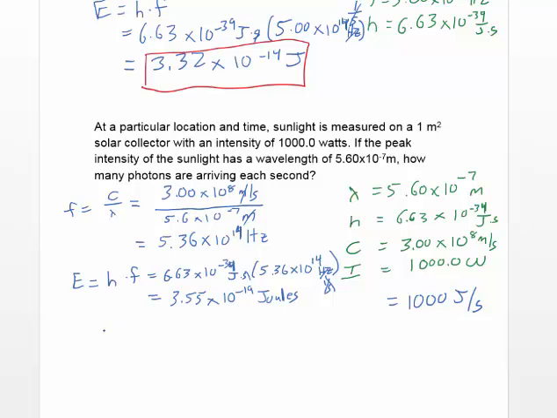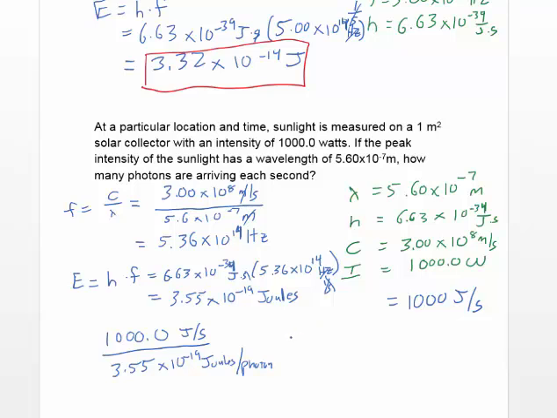And we can find that by taking the 1,000 joules per second, or watts, and dividing that by the number of joules per photon that we just determined, 3.55 times 10 to the minus 19th joules per photon.